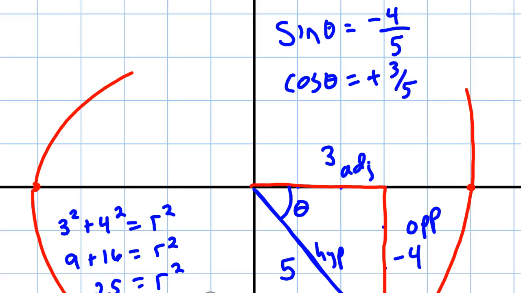Signs matter now. Sine, cosine, now let's do tangent theta. Tangent theta in this case is opposite over adjacent, or y over x, which is -4 over 3. Remember, this is your y value, this is your x value. So the coordinates on that circle give you the trig ratios.